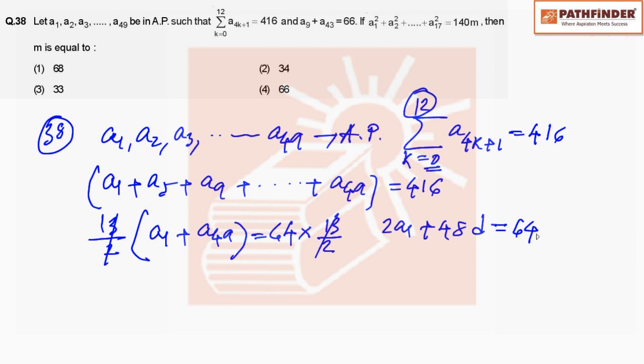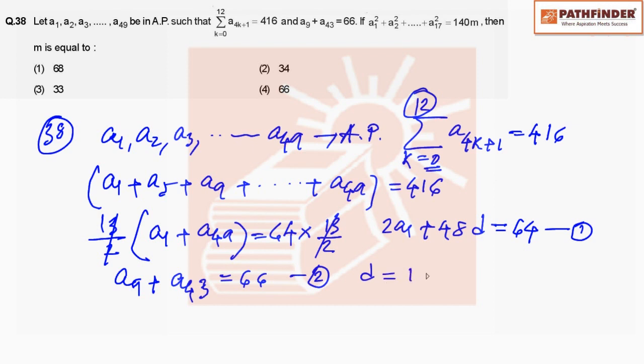And again we are getting, given that A9 plus A43 equals 66. So from 1 and 2 we get D equal to 1.